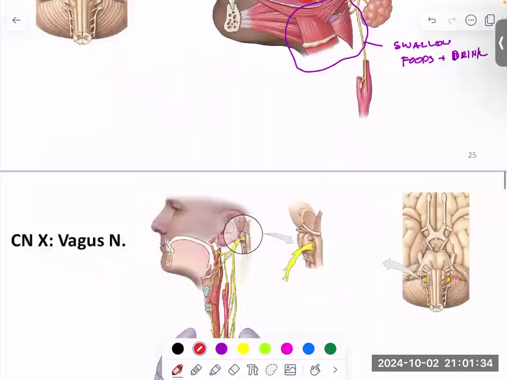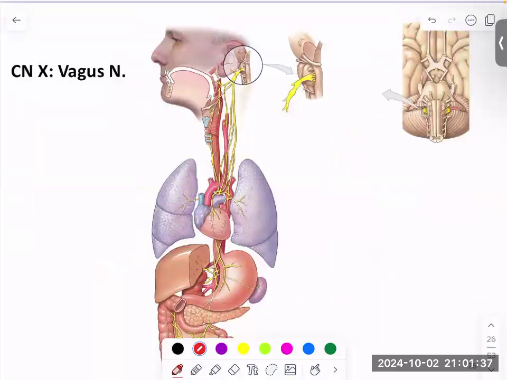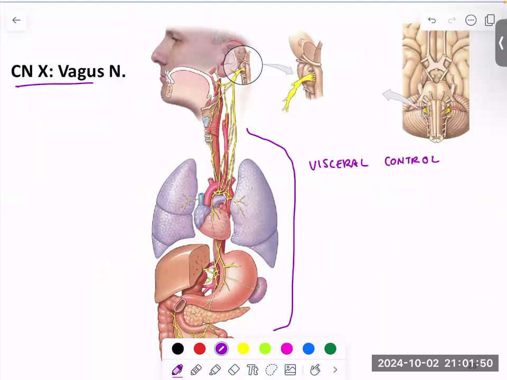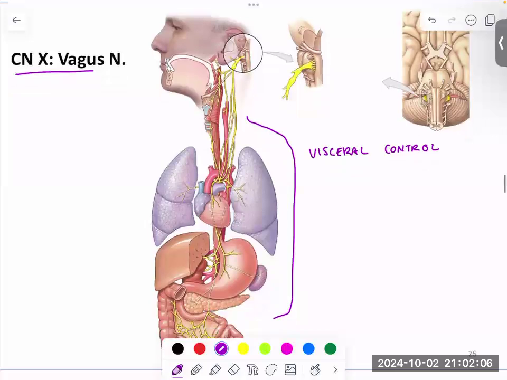The vagus nerve, cranial nerve number 10. This nerve is responsible for visceral control. It controls your visceral organs, heart rate, breathing rate, digestion rate. Visceral organs. It's motor.